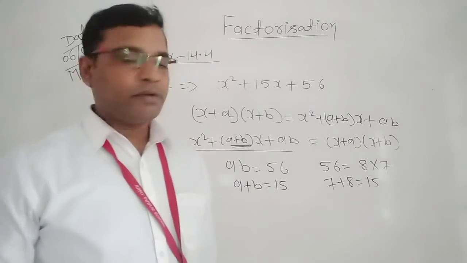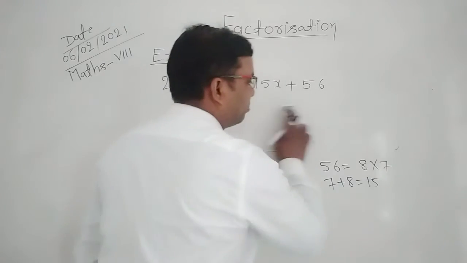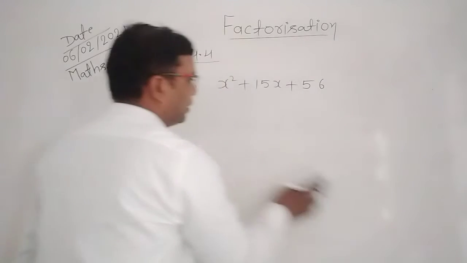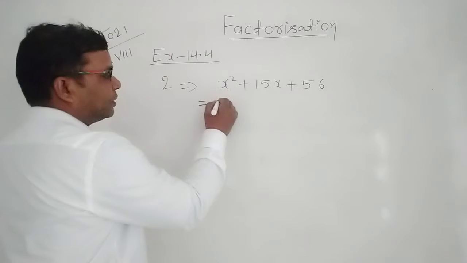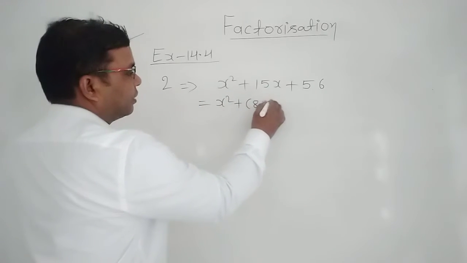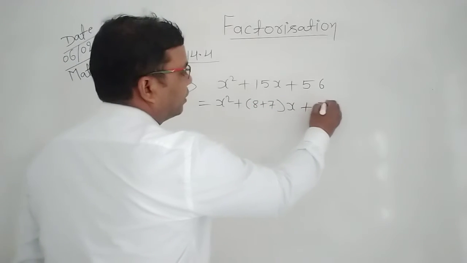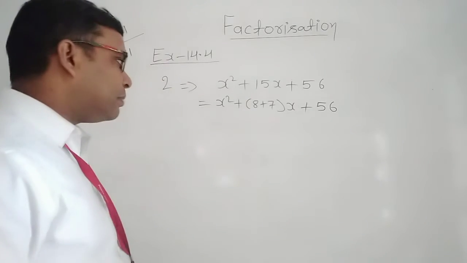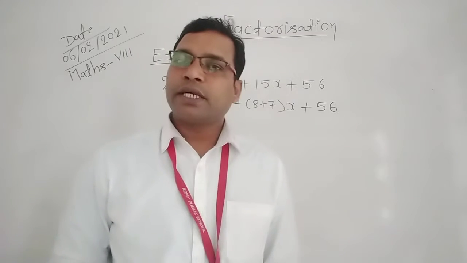This is clear now. So we can replace 15 by 7 plus 8. Okay. So the next step is x square plus (8 plus 7) into x plus 56. This is clear. So after this we apply the distributive law of multiplication over addition.